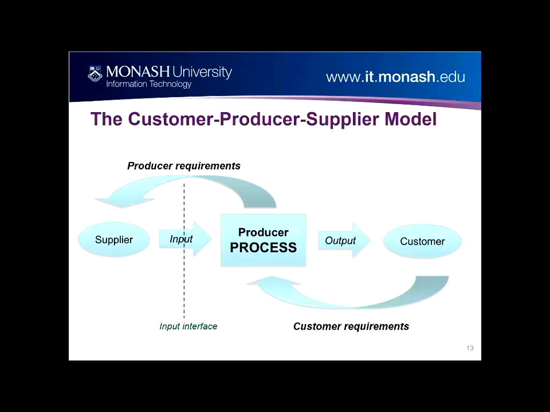The customer gives the customer requirement feedback to the producer, and the producer also gives the producer's requirement to the supplier. This part is called the input interface. That part is called the output interface.